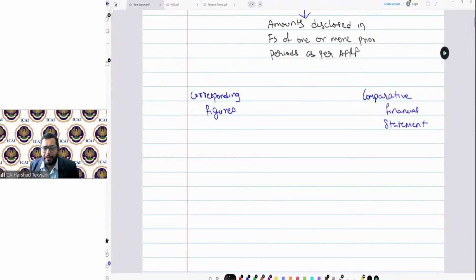It is not given in that much detail. It is only given so that you can understand the current year figures with more clarity, and they are considered current period figures only, or you can say they are disclosed in such a way that they are near to the current year figures.